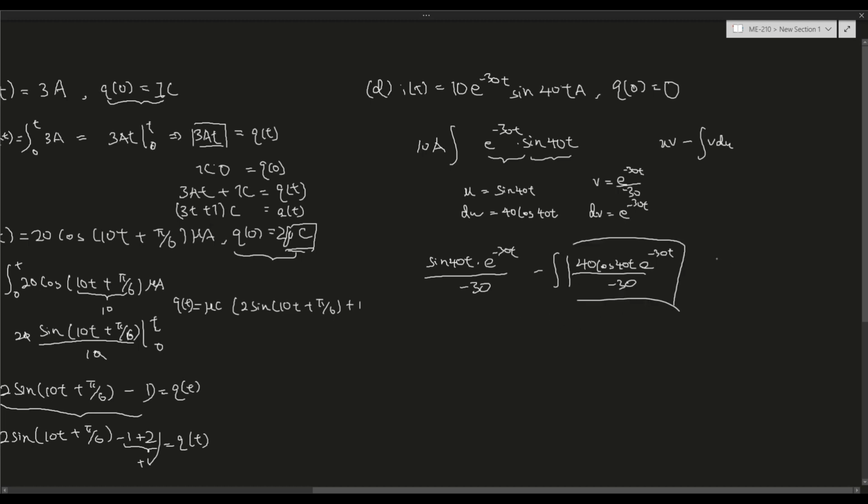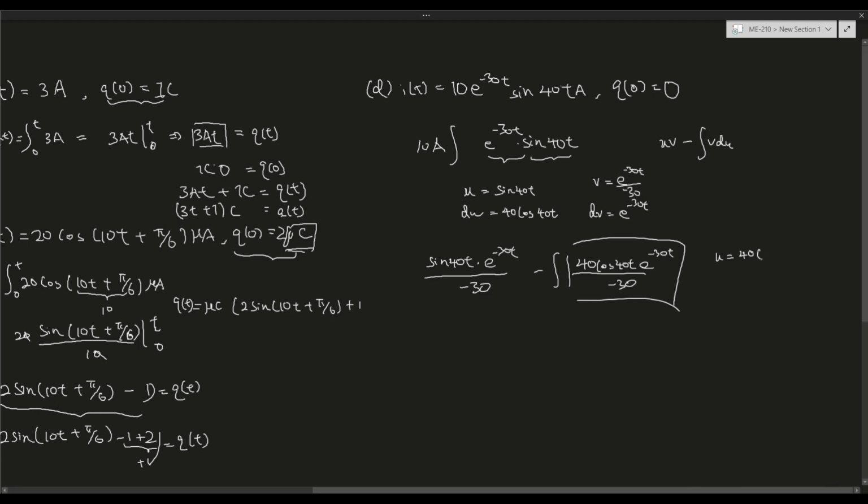So what do we pick for u? We pick 40 cosine 40t. Wait, give me a sec. Is that correct? Yes, it is. Okay. Fantastic.